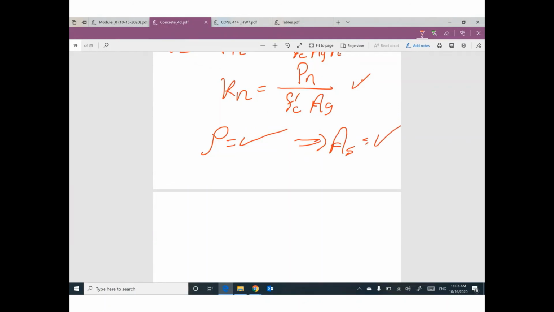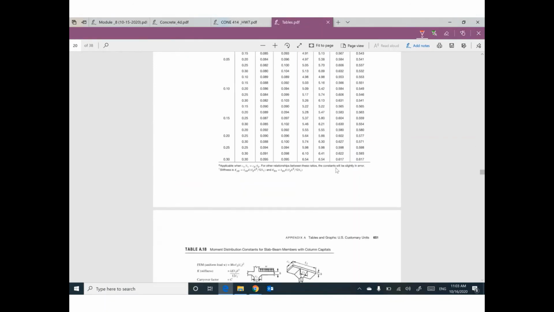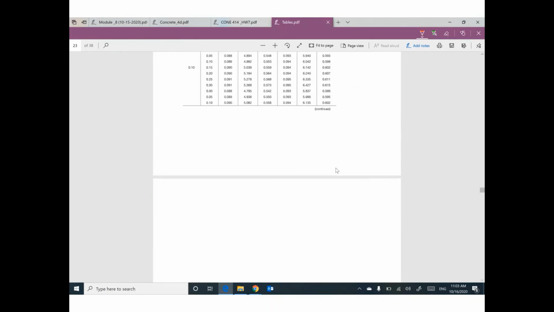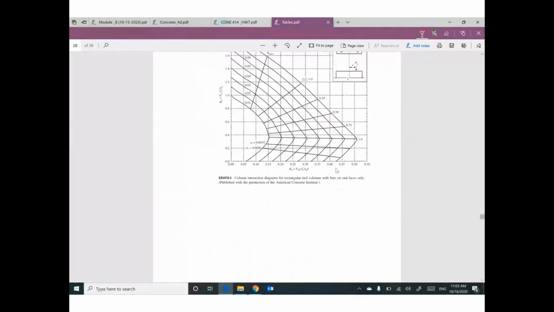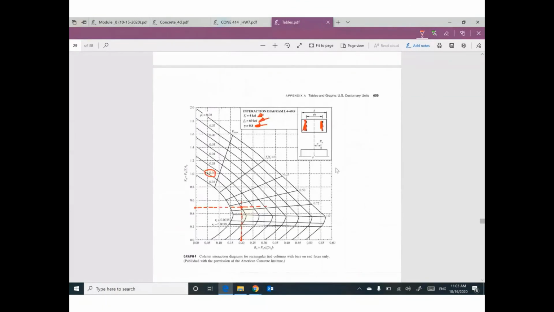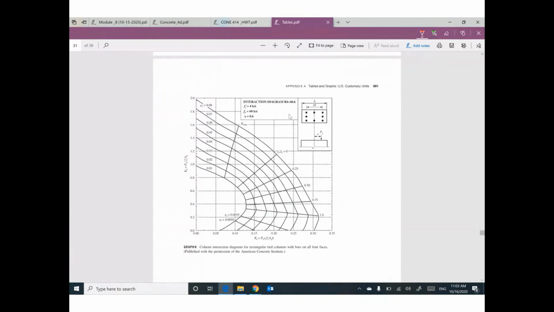Do you know which interaction diagram I'm gonna use? No, not this one. Not this one. Probably this one, but this one is gamma equal 0.6. Why this one? Because of uniform distribution of steel reinforcement.